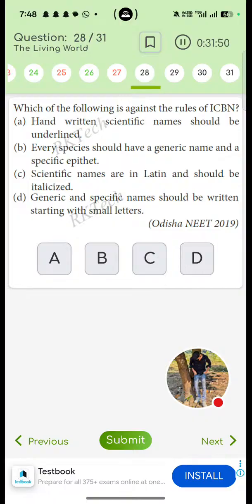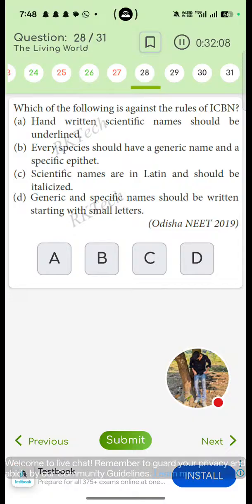Next. Which of the following is against the rule of ICBN, the International Code for Botanical Nomenclature? Handwritten species scientific names should be underlined. Species should have a generic name and specific epithet.